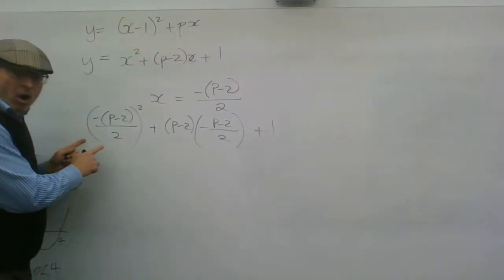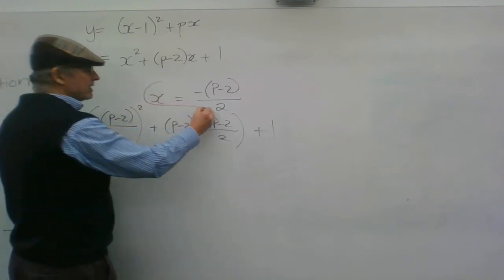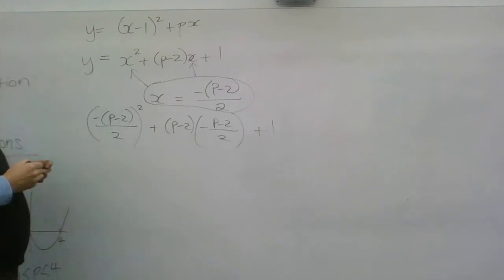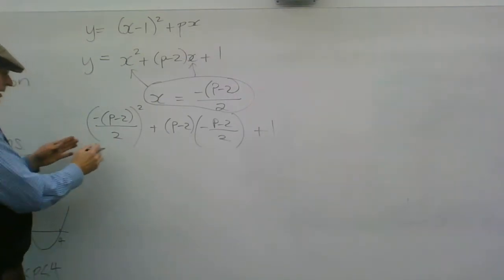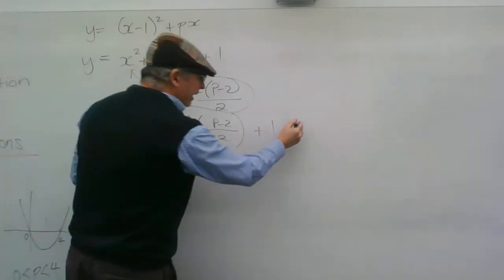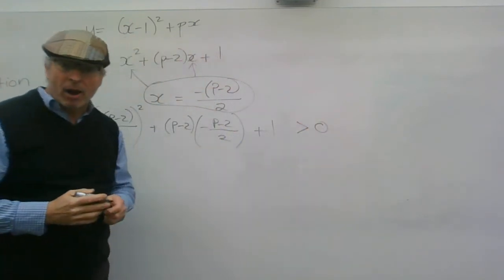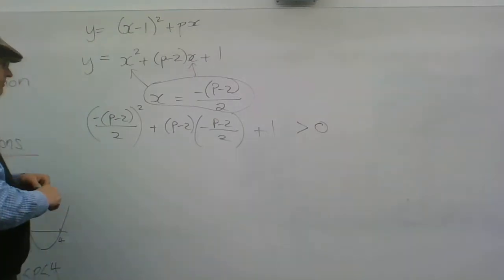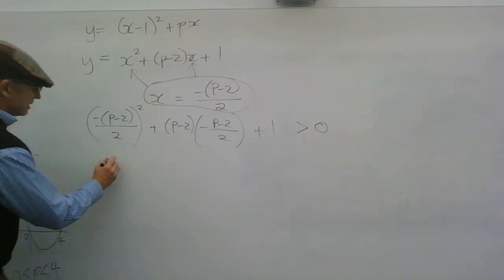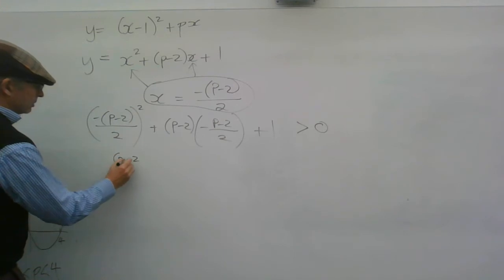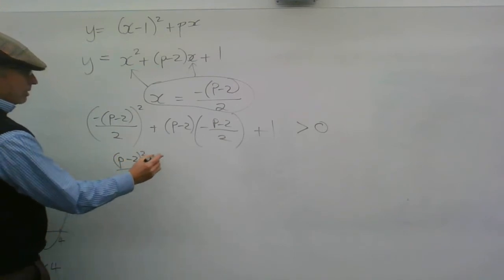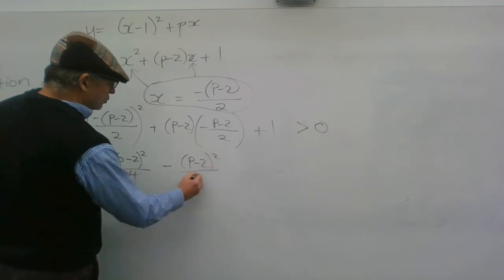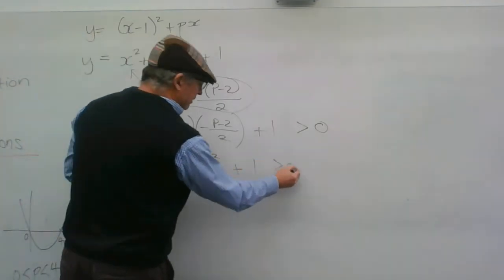That's the value of y when I substitute this in for x in that equation. And I want that value of y to be bigger than 0 because I want the parabola to be up above the x-axis. All right, so this is (p minus 2) squared on 4, and this is minus (p minus 2) squared on 2, plus 1 is bigger than 0.